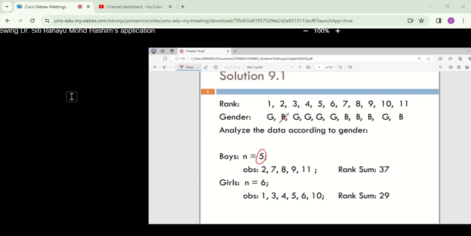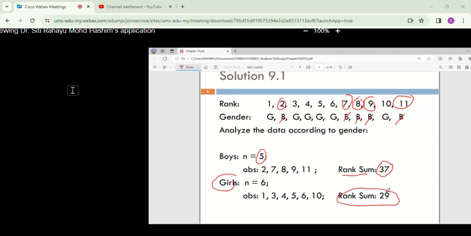Okay, 1, 2, 3, 4, 5. So we have 5 boys with the corresponding rankings 2, 7, 8, 9, and 11. Okay, so the rank sum will be 2 plus 7 plus 8 plus 9 plus 11 give you 37. And then do the same thing to group girls and then you will have the rank sum 29.